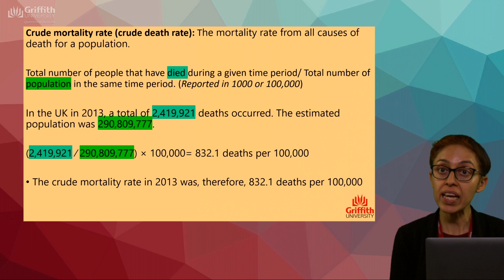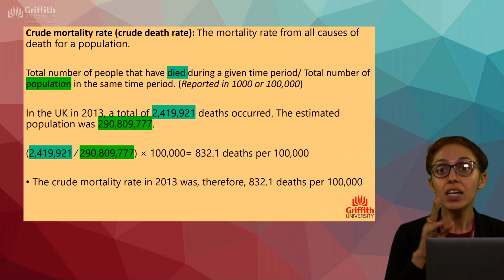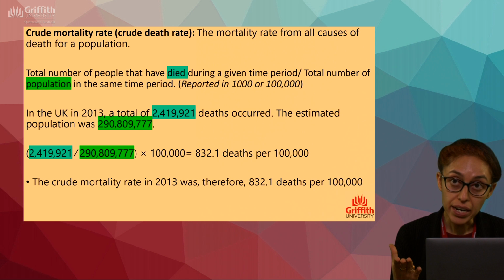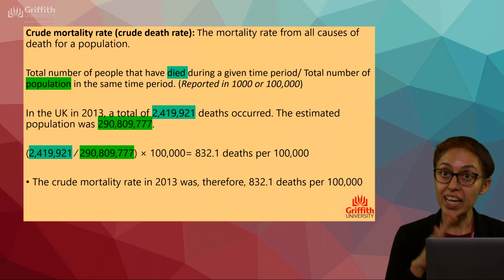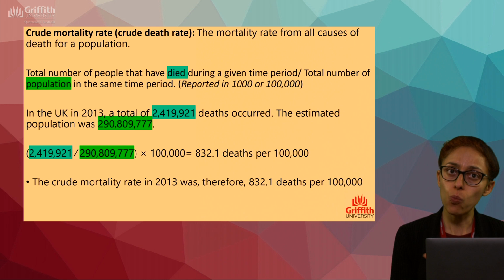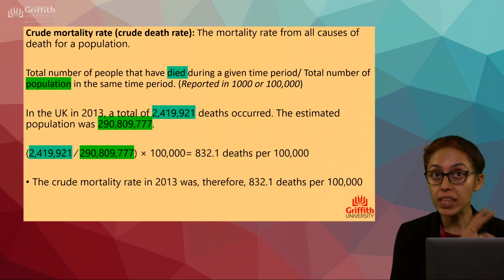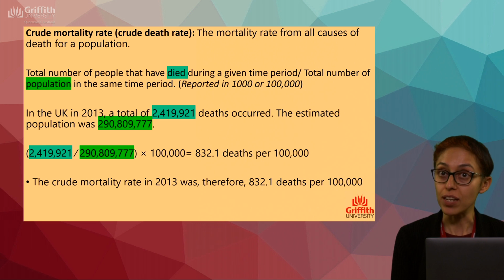Crude meaning no adjustment. We will be looking at standardized death rates, where things are adjusted for age, gender and so on. But this is the crude death rate. I hope this makes sense, what the meaning of crude is in this mortality rate. And as you see, the calculation is extremely simple as well.